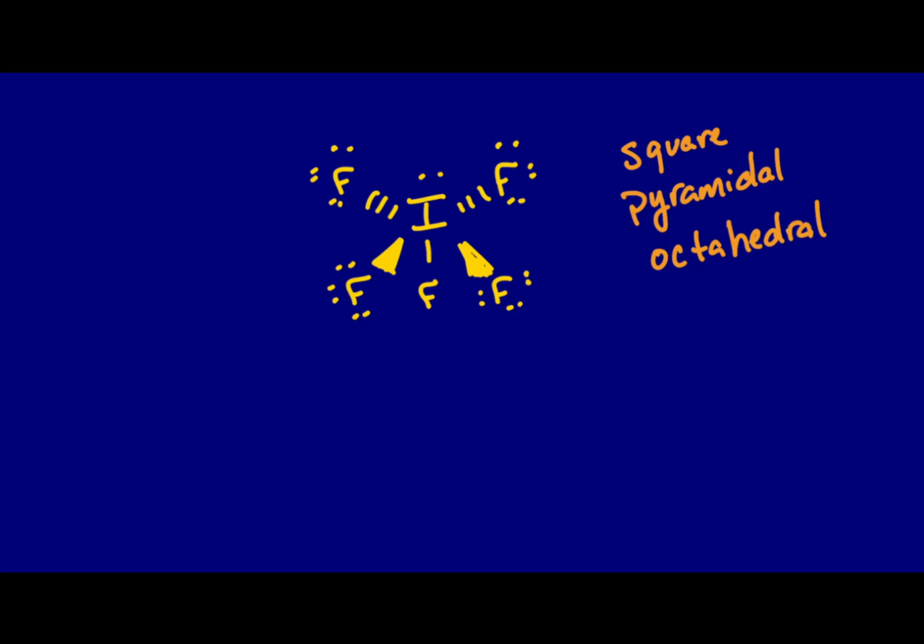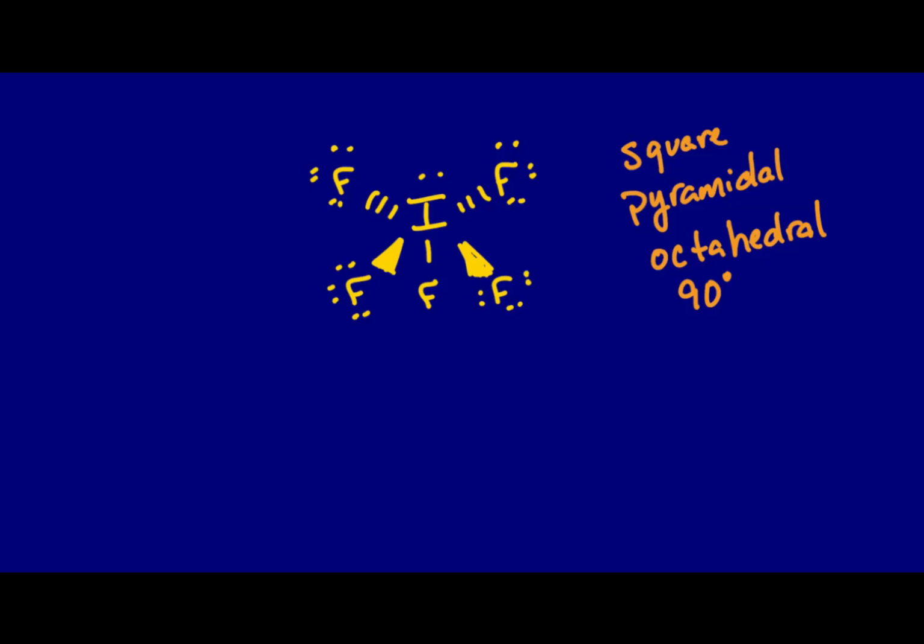Square pyramidal has 2 bond angles. Between all of these fluorines here that are planar, that gives us a square shape. What do you think that their bond angle is going to be if it's a square shape? It's going to be 90 degrees. All of those ones are 90 degrees.